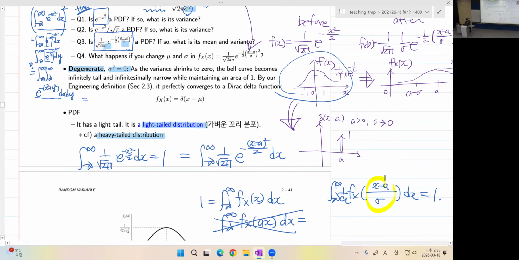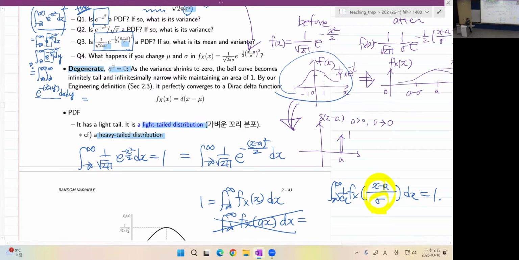However, this form appears again and again in statistics and probability theory when you so-called standardize your value. Actually, this a must be mu in this case. But anyway, that is a way to standardize. So you shift and divide by your standard deviation.